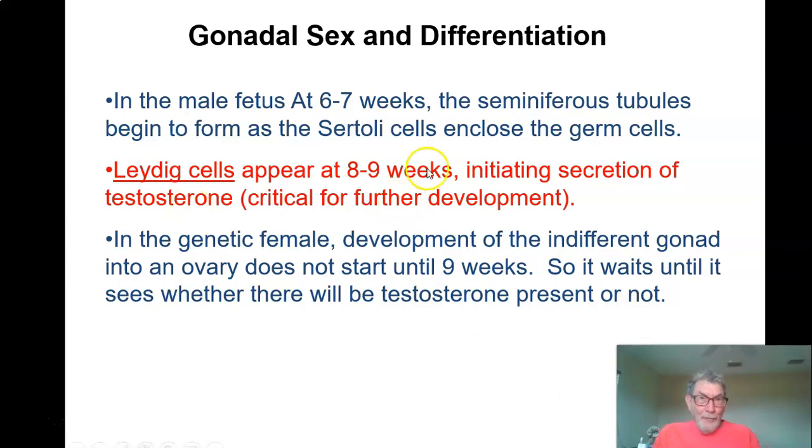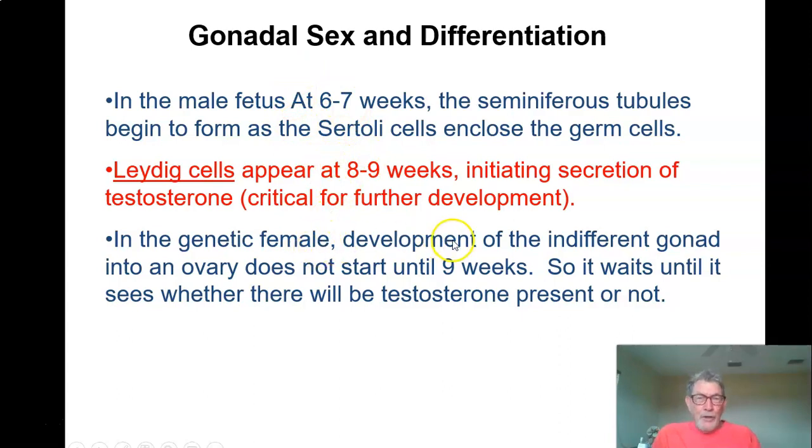So in the male fetus at 6 to 7 weeks, the male starts producing testosterone, which will cause those gonads to become testes. So if you have the Y chromosome and you start making the testosterone you need to convert to a male, that happens about 6 or 7, 8 or 9 weeks.